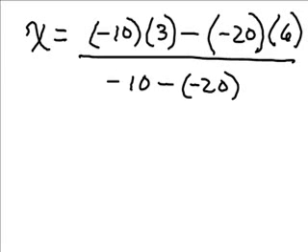Now you have to be careful here because there's a lot of negatives. In the numerator, I've got a double negative, and in the denominator, I've got a double negative. So please be careful when you're working out your arithmetic and use a calculator if necessary. This works out to be a 9.